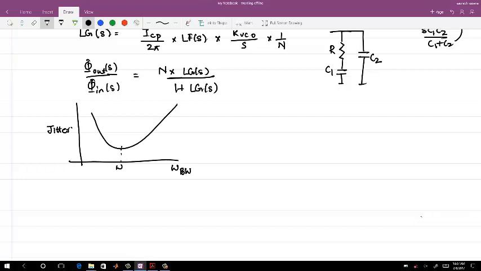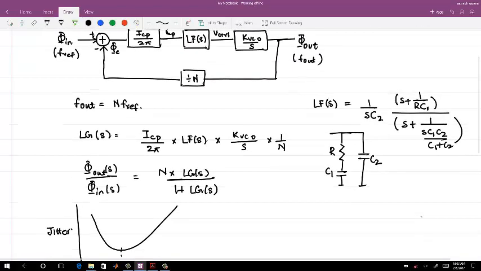This is the bandwidth we would like to choose, omega bandwidth dash. We will see how the different noise sources play a role, but the bandwidth is obtained after doing the noise optimization for a given power.